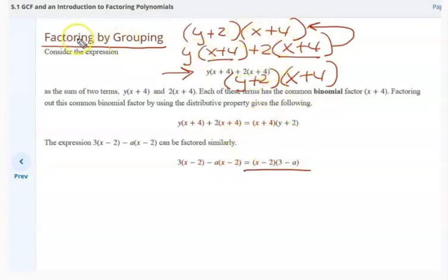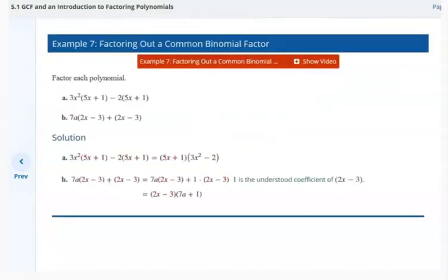Now, the key is they're going to say factor by grouping. Now, we're going to build on this a little bit. Now, for example 7, again, write that down, and then copy this down. We're going to factor by grouping.